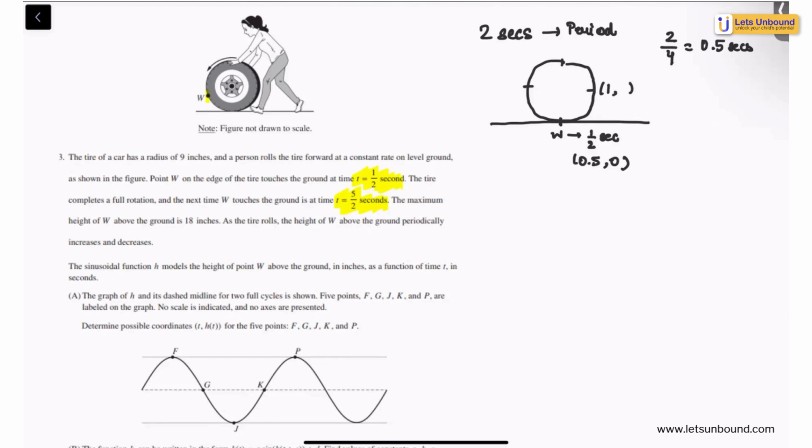After another 0.5 seconds, it will be 1.5 seconds, and since this is the maximum height, given in the question as 18 inches, the height will be 18 inches when time is 1.5 seconds. After another 0.5 seconds, it will be 2 seconds, and the height will be something we will check. And after 2.5 seconds, as it says 5/2 seconds, it again touches the ground.